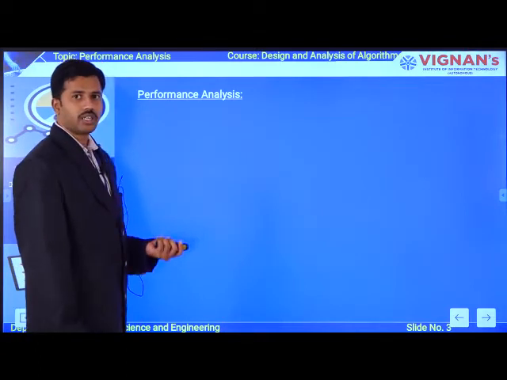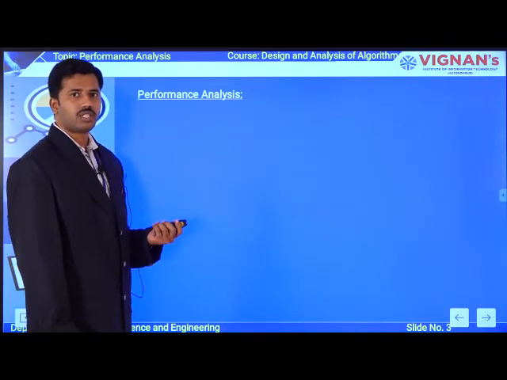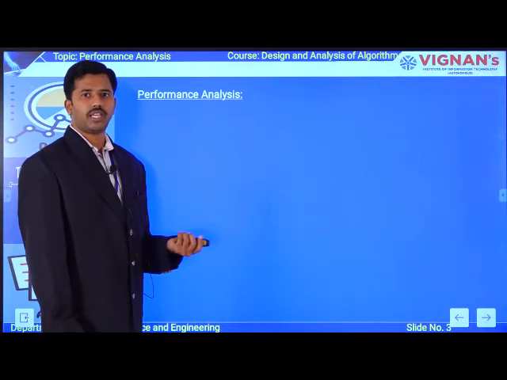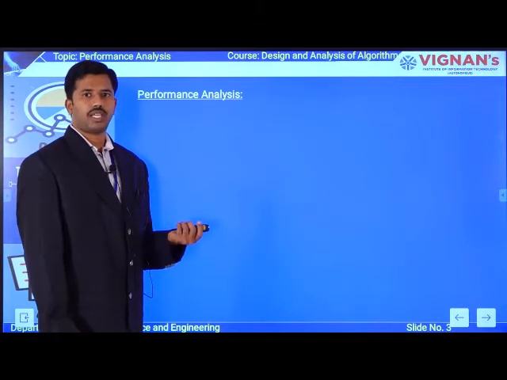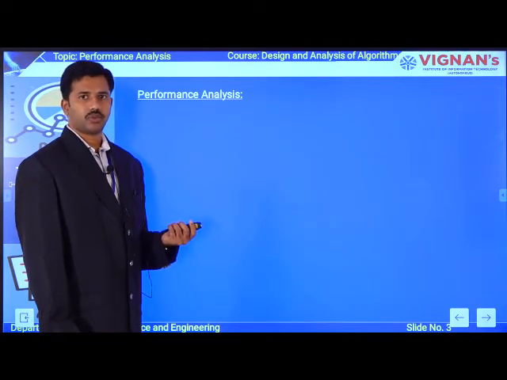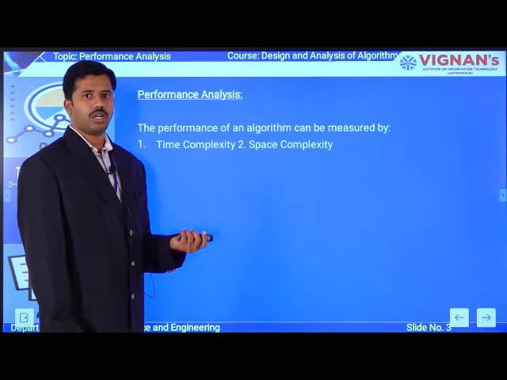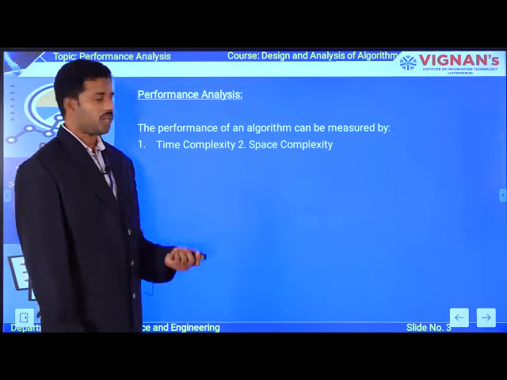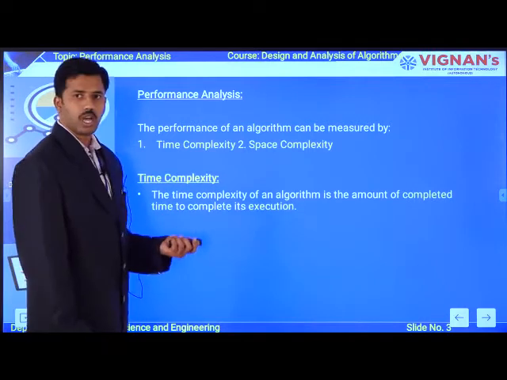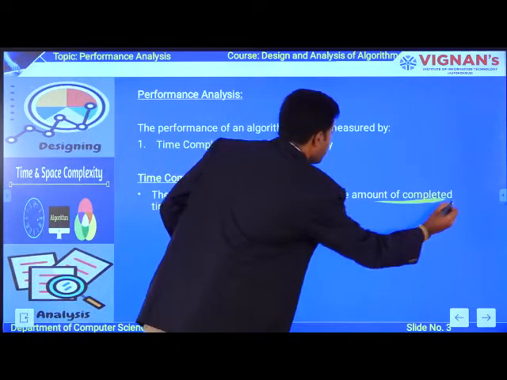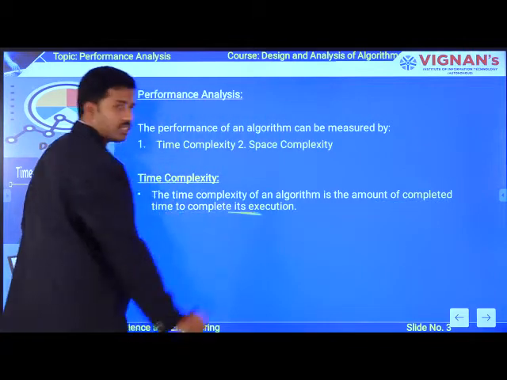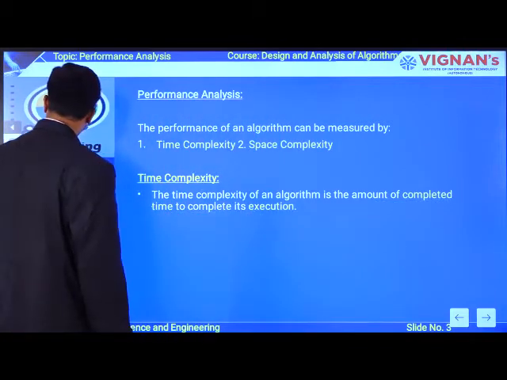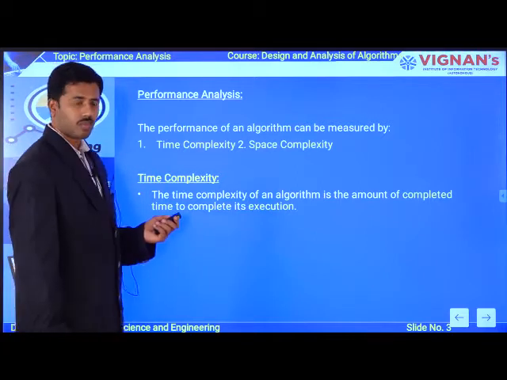Before getting into the step count method, first try to understand in how many ways you can measure the performance of an algorithm, okay? There are two methods available. The first one is time complexity as well as space complexity, as I said previously, okay? The time complexity is nothing but the amount of time required to complete its execution, okay?